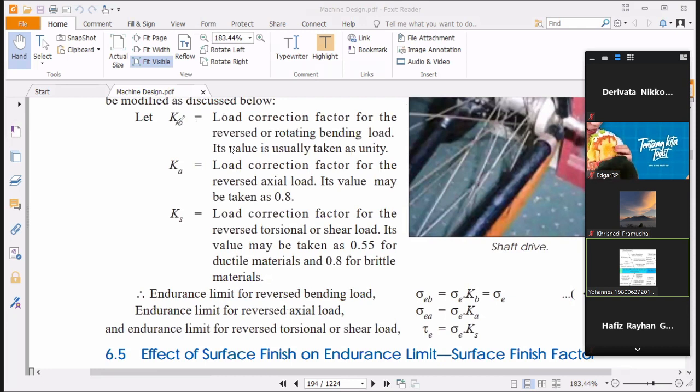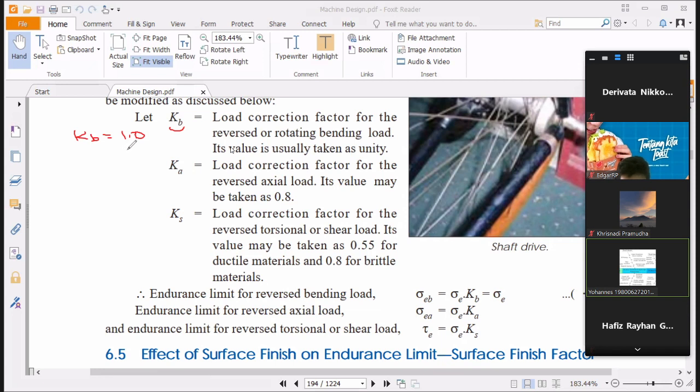Here we have several correction factors. The first is KB, which gives correction for rotating bending load, because in the laboratory we also use the bending load. So this value of KB is equal to 1, because the real condition and the laboratory testing is similar.